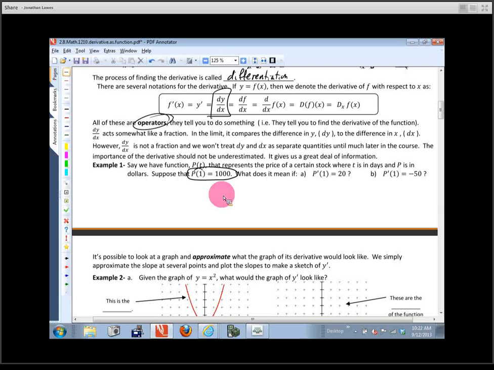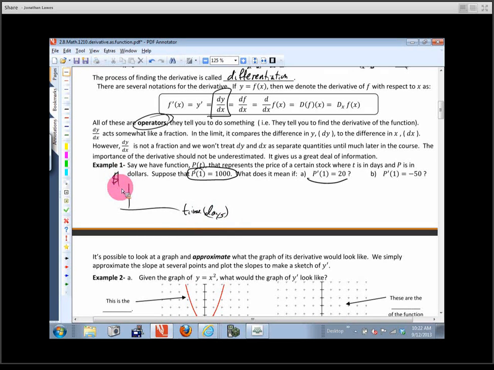If I then add to that something like this, put yourself in the position of owning this stock. This says P prime of 1 is 20. This is a derivative. This is a rate of change. So the way we'd graph this type of function, we've got the time here in days, and we've got this right here in dollars.